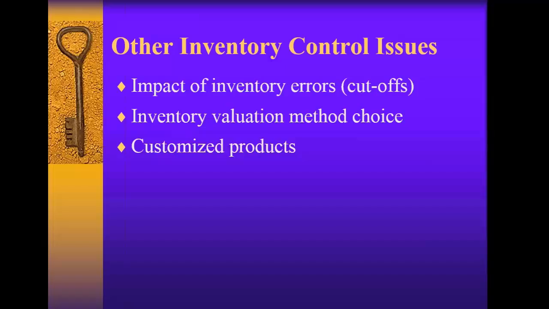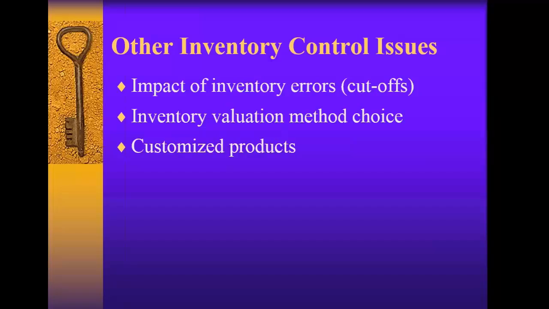We also want to consider the fact that we should probably be doing a perpetual inventory system. A perpetual inventory system is a point of sale inventory system where, as we sell the good, we have a debit to accounts receivable or cash, and a credit to sales.